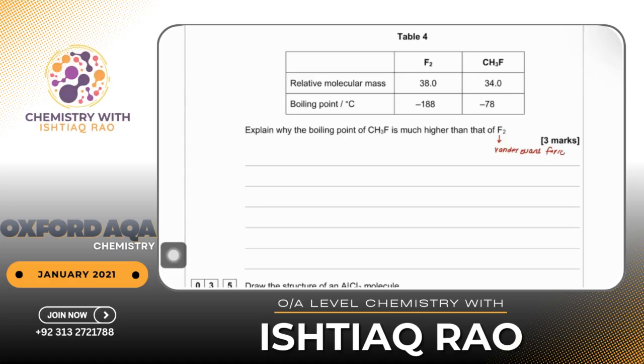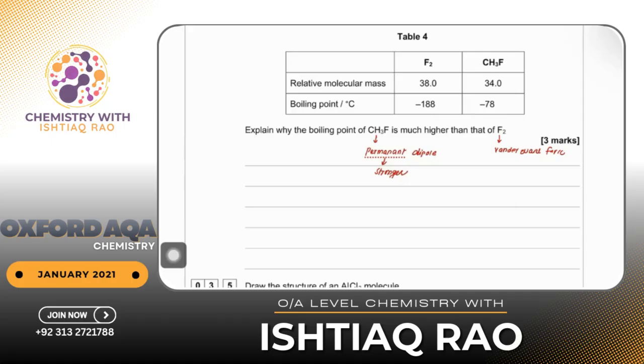On the other hand, CH3F is supposed to have permanent dipoles, which are stronger. Is a permanent dipole the same thing as hydrogen bonding? Kind of, you can say it's the same thing, but hydrogen bonding is when the permanent dipole is between hydrogen and highly electronegative elements. Right now it is not hydrogen bonding.